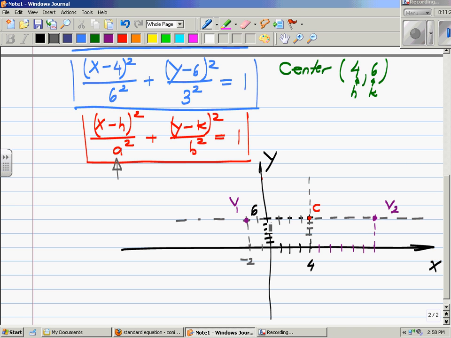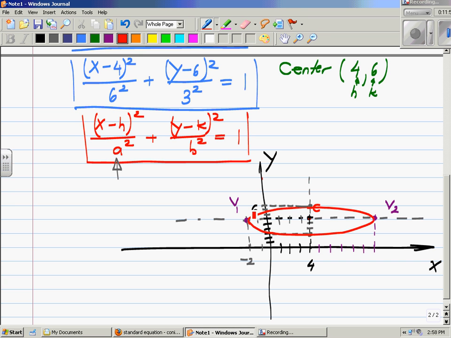It will be here, and the other one, 1, 2, 3, will be there. Okay. And I can graph my ellipse right away here without finding anything else. As you can see, knowing the vertices, my ellipse will look like this.